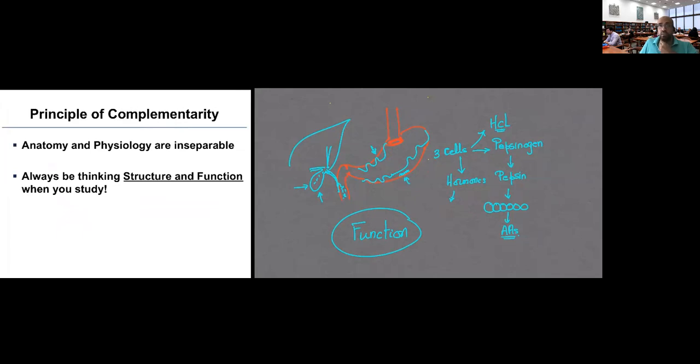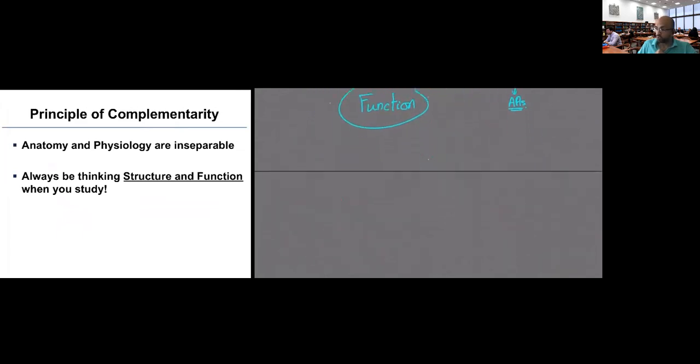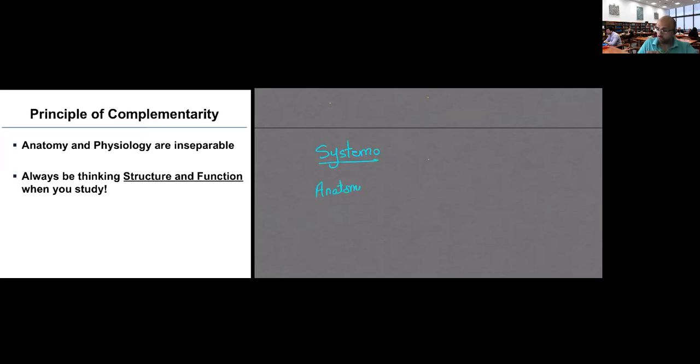How are we going to be discussing the anatomy and physiology throughout AP1, and if you're taking AP2 as well? We're going to be using a system-wise way of description. So we're going to start with the anatomy of a specific organ system.